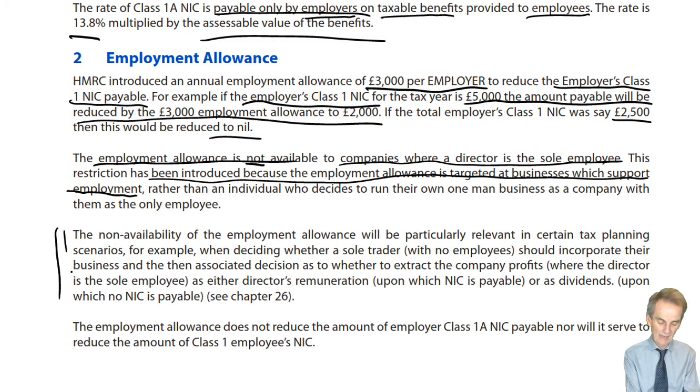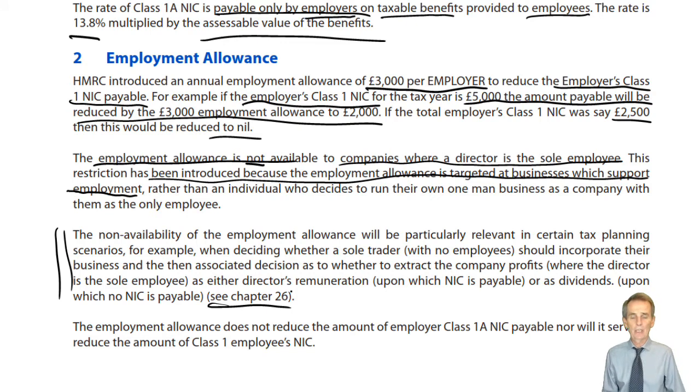That issue there is something that could be tested in terms of, in Section C, we know there's going to be two 15-mark questions, one based on income tax, one based on corporate tax, and then a 10-mark exercise. And frequently in current years, we've seen that that 10-mark exercise takes on a more planning style. And what you have at the end of these notes is Chapter 6, which deals with tax planning situations, one of which is looking at an individual setting up his or her own business where they have a choice.